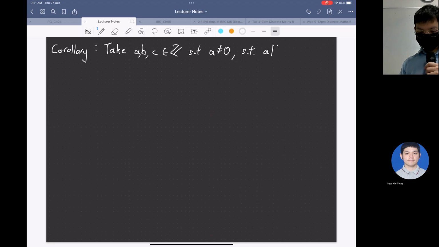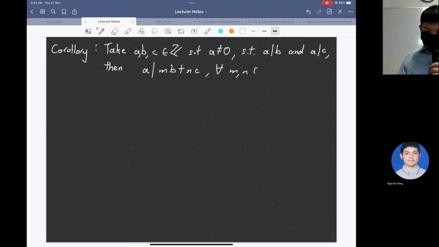So A divides B and A divides C. Then A will divide any multiple of them. Since this is named as a corollary, you should use the theorem before to prove this.